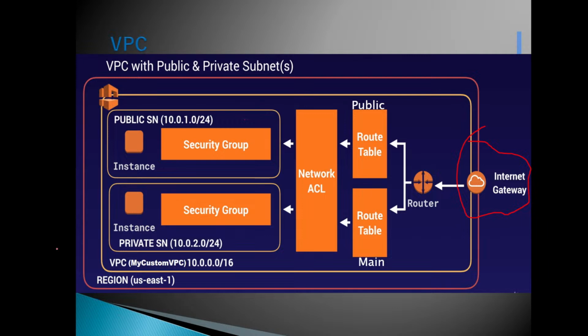NACL को अभी के लिए भूल जाइए. हमने इंटरनेट गेटवे अटैच किया. एक पब्लिक राउट टेबल, एक प्राइवेट और मेन राउट टेबल था हमारे पास. हमने पब्लिक राउट टेबल बनाया, उसके बाद उसको उस सबनेट से अटैच किया जिसको हमें पब्लिक बोलना था, उसके अंदर EC2 मशीन बनाया और ये सिक्योरिटी ग्रुप बनाया. मेन राउट टेबल को कुछ टच नहीं किया, तो ये सबनेट उसमें बाय डिफॉल्ट अटैच हो गया. और उसमें एक EC2 मशीन बनाया और सिक्योरिटी ग्रुप डिफॉल्ट वाला यूज किया.